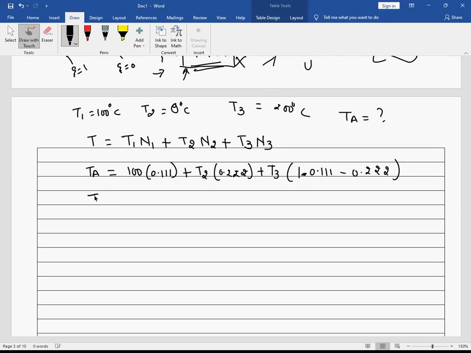That is what we have, and from this you can get TA. Just let me know the value of TA, please. TA is the temperature at A.